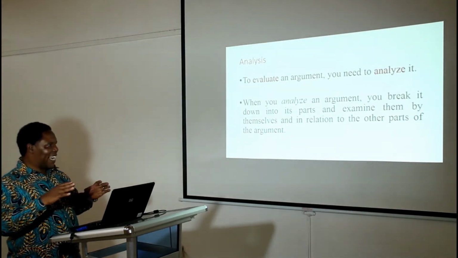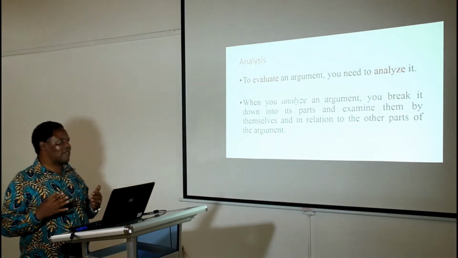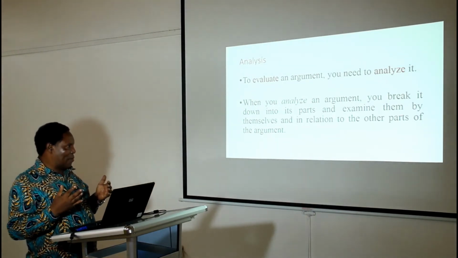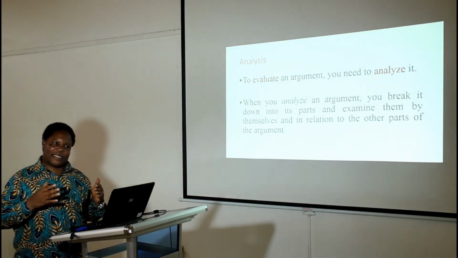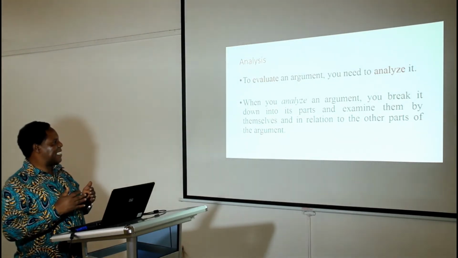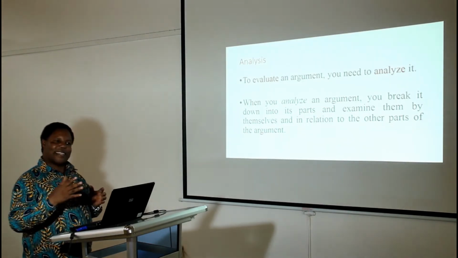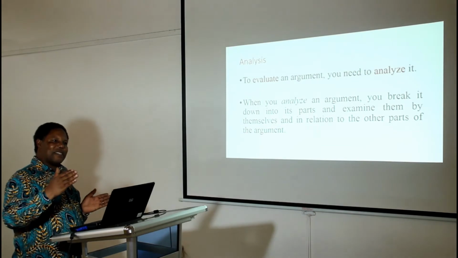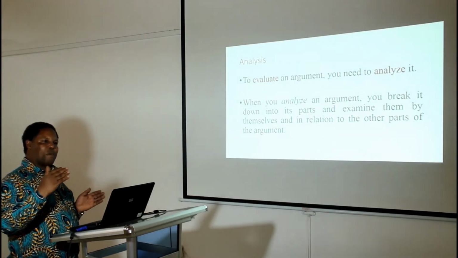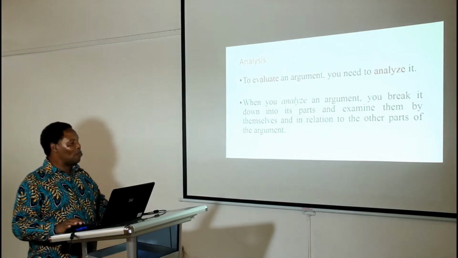So to make an analysis, it means you break down the parts of an argument, actually make it more simple so that others can understand the relationship. You can make, let's say, 5 parts in one argument, in order to make people understand what you are trying to say or to clarify.